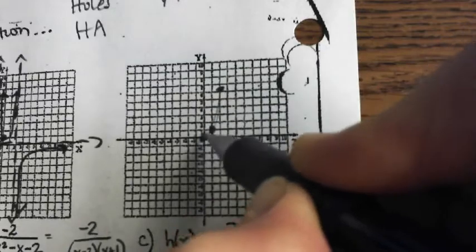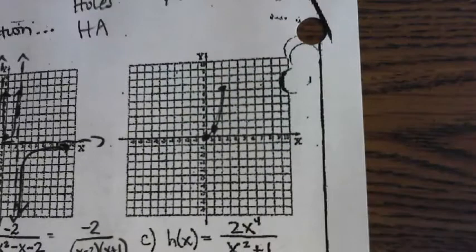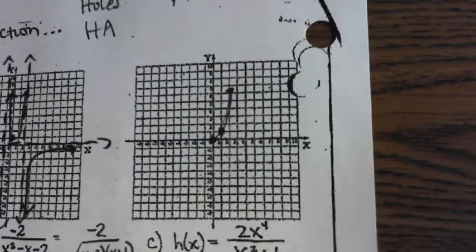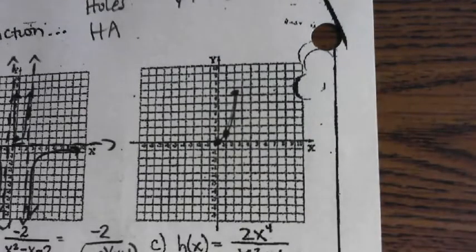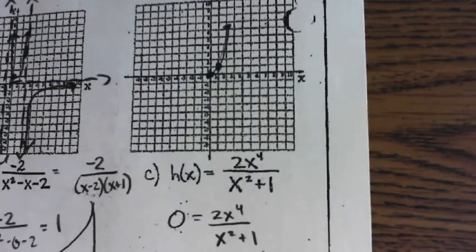It's kind of hurrying its way up anyway, right? What if we plug in -1? Abby? Wouldn't it just be 1? Right.